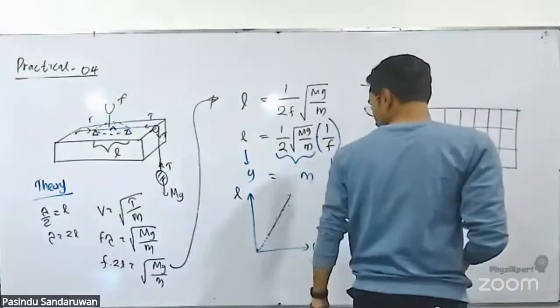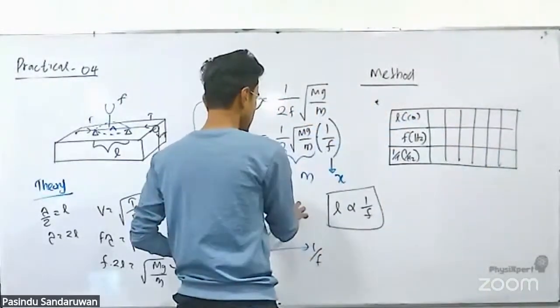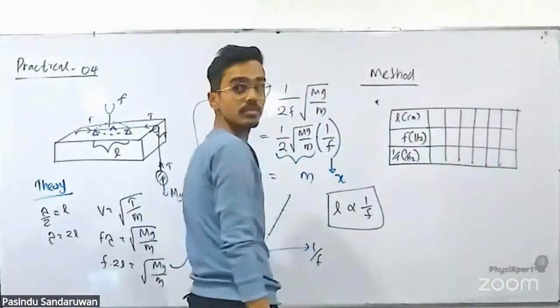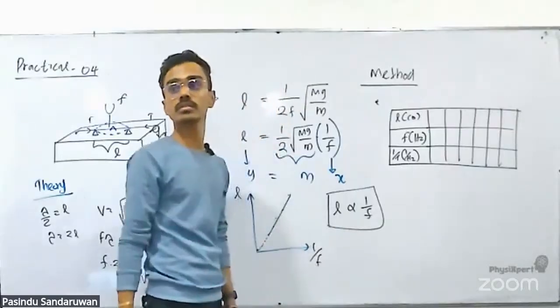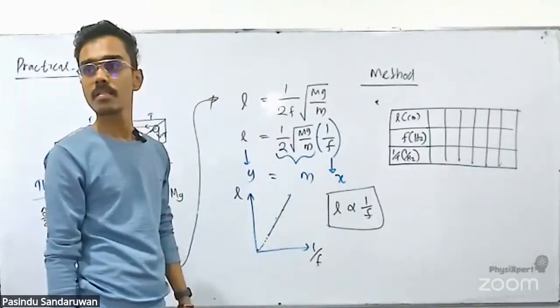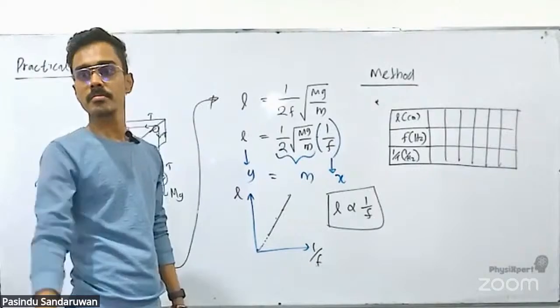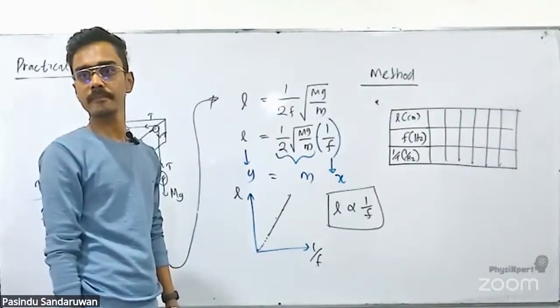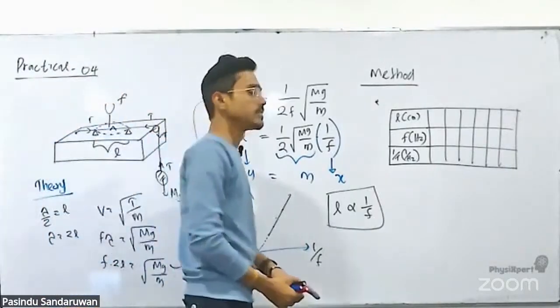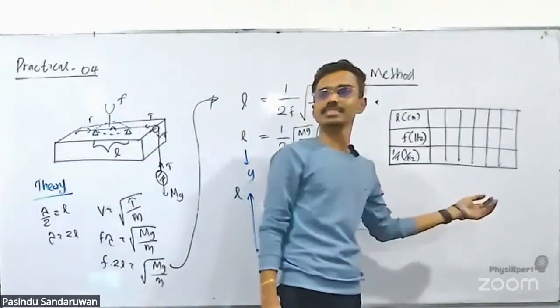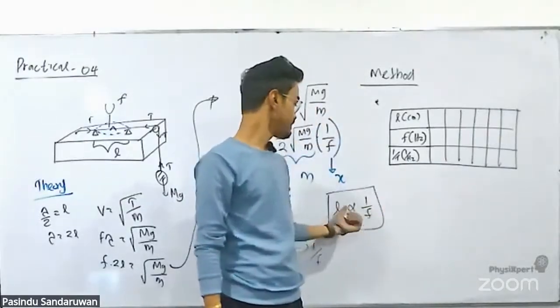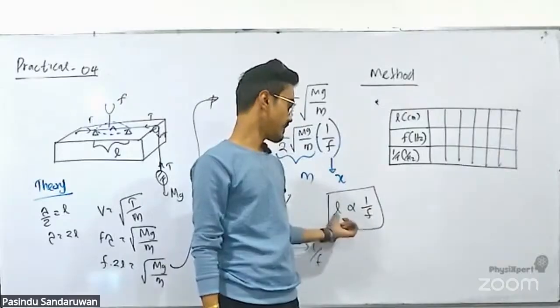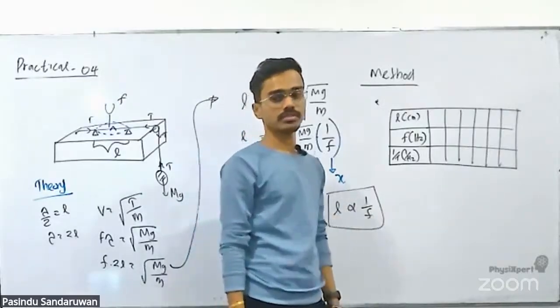Next point. Verify the relationship. Plot the variation of L against 1 over f.